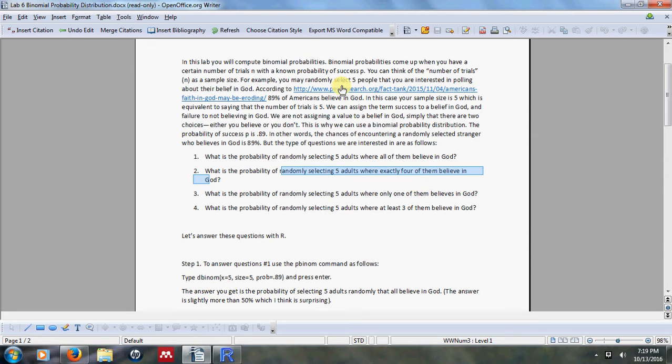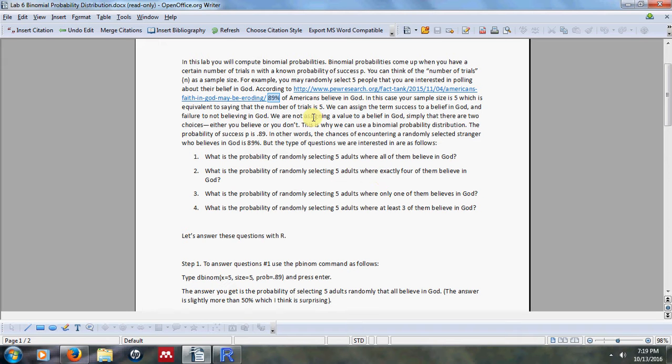So if you look at this website, you'll find that in a random sample of adults, 89% of them believe in God. So this is the probability that we're going to use for the computation using the binomial probability formula. Of course, we're not going to use a formula directly. We're going to use R to do the computation.